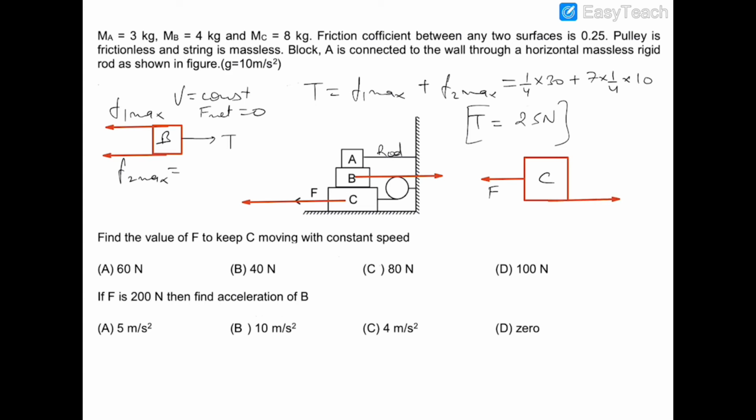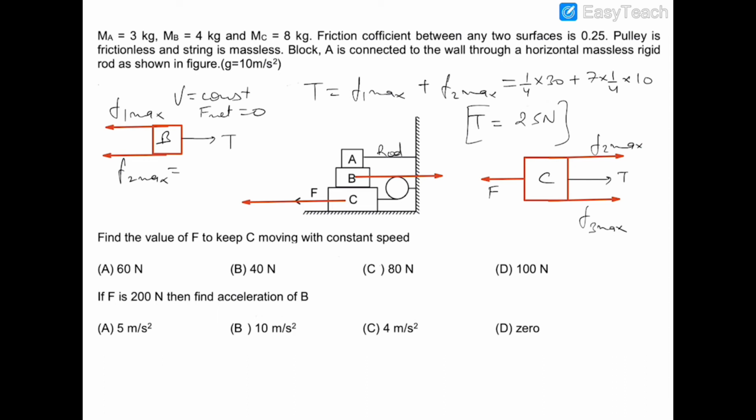So this is F3 max, obviously because sliding is occurring. So maximum friction will be acting on the blocks, and the friction which B will apply on C will be towards the right side again. This is F2 max, and there will be a tension force also.